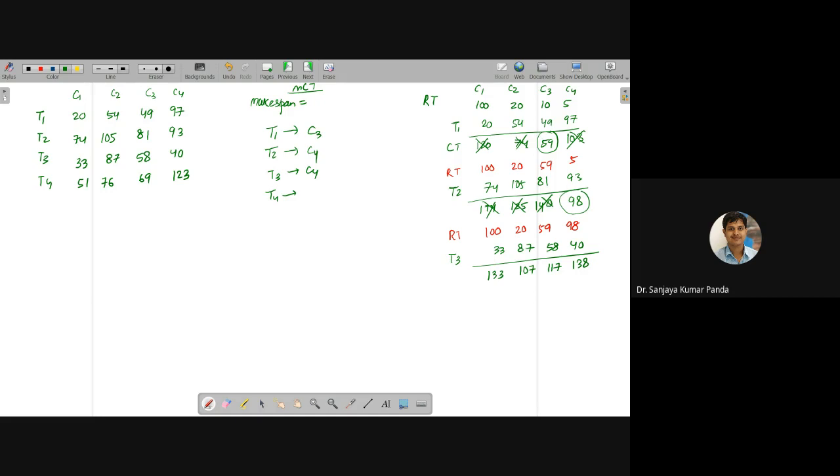So you are getting the minimum one in C2, am I correct? Yes, sir. So it is assigned to C2, not C4. Then again the updated ready times, we are getting 100, 107, 59, 98.